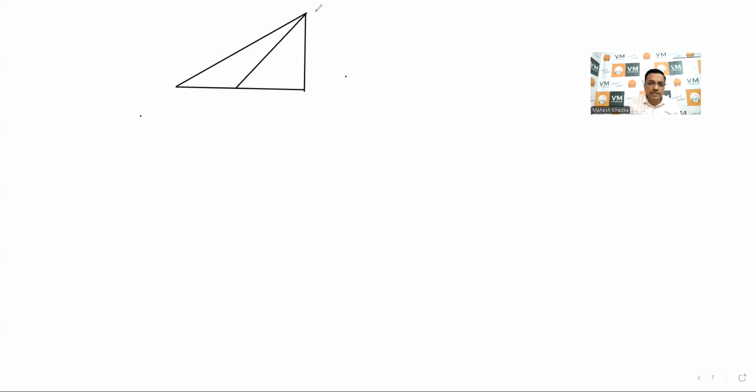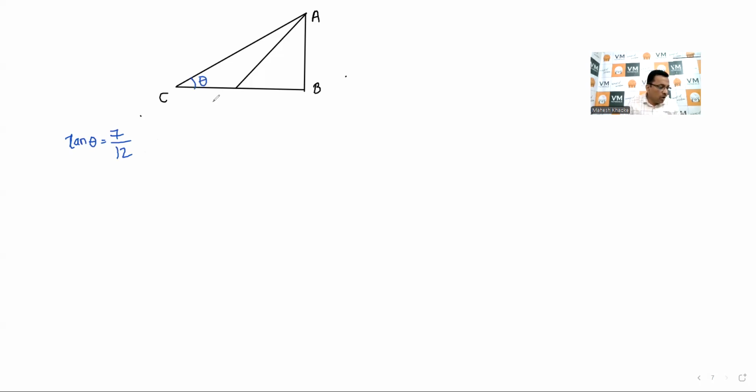The labeling is: this is A, this one is B, this one is C. Question is, at a point on the level ground, the angle of elevation of the top of the tower is theta, such that tan theta is equal to 7 by 12. And this theta is given here.